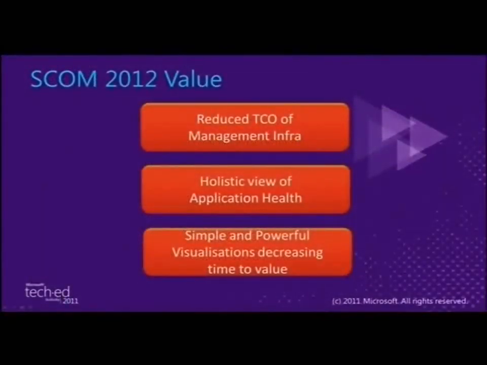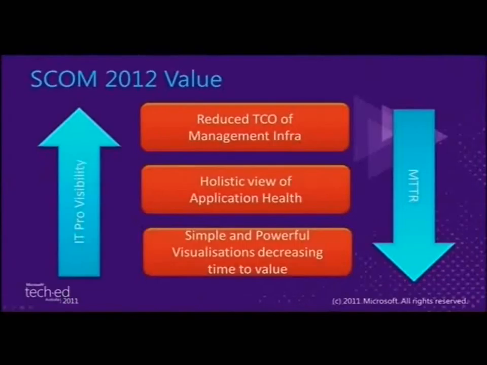So when we think about Ops Manager 2012 and the value that it adds, we can really break it down into three main areas. Firstly, the reduced total cost of ownership through changes in the management infrastructure. The ability now to get a holistic view of application health in your environment. And then also the simple and powerful visualizations that are added to decrease the time to value.